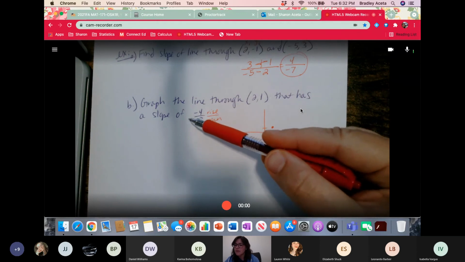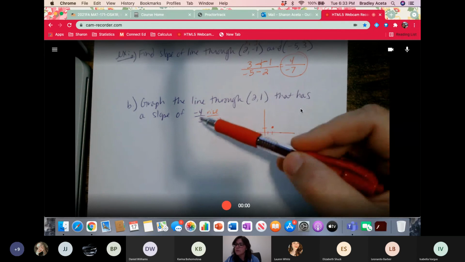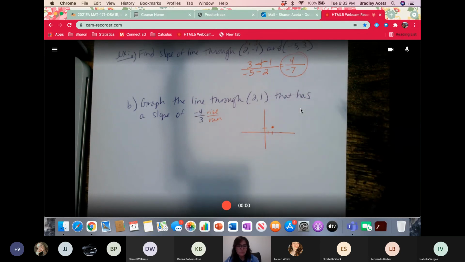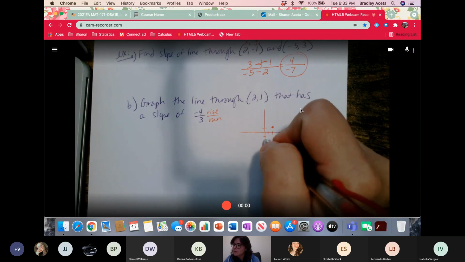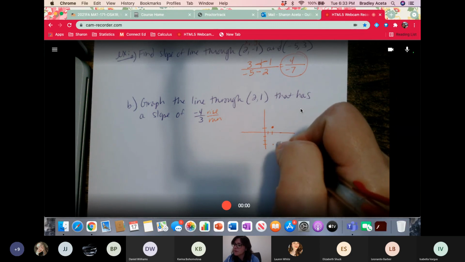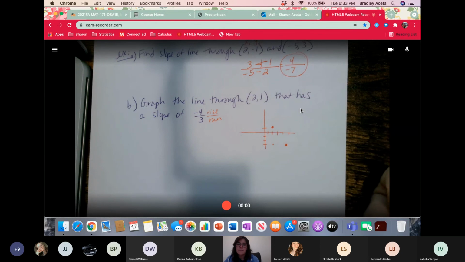And by the way, the negative might be on the outside. Always bring it to the top. If I rise negative 4, what does that really mean? That means you go down 4. 1, 2, 3, 4. And then you run 3 spots. 1, 2, 3. And right there, you've created a line.